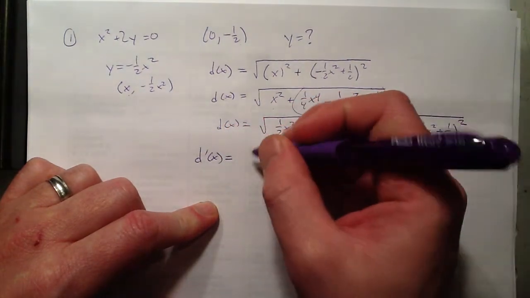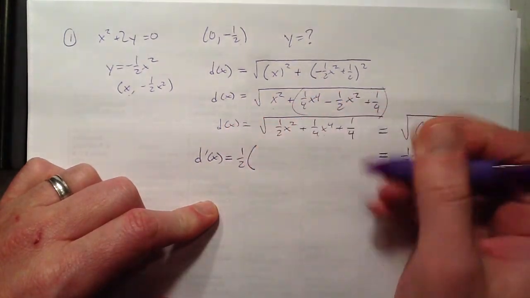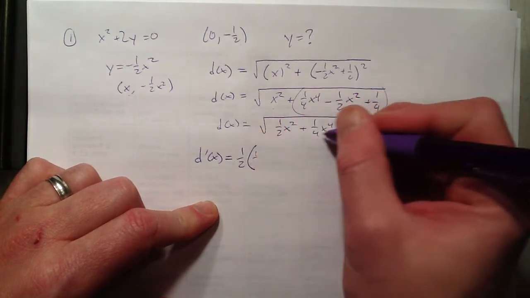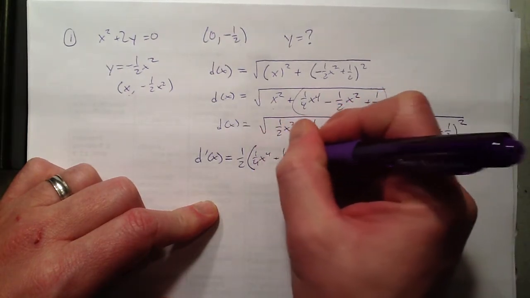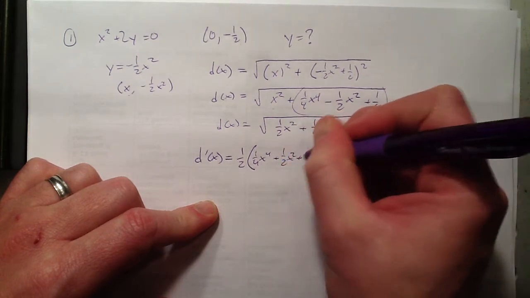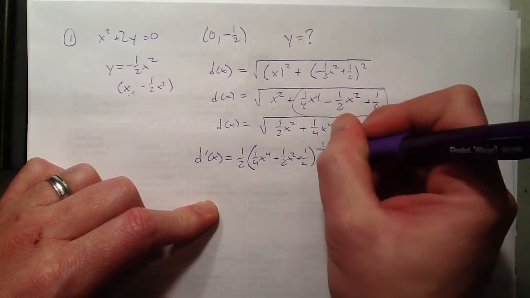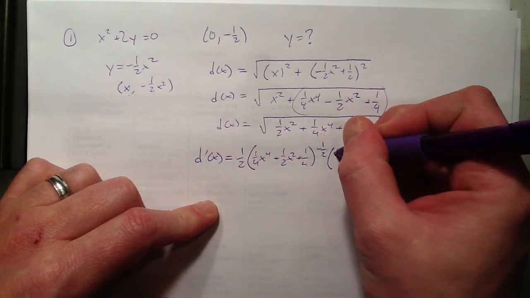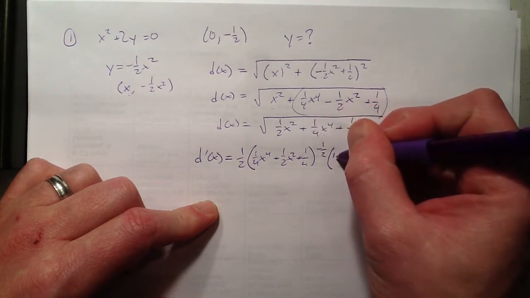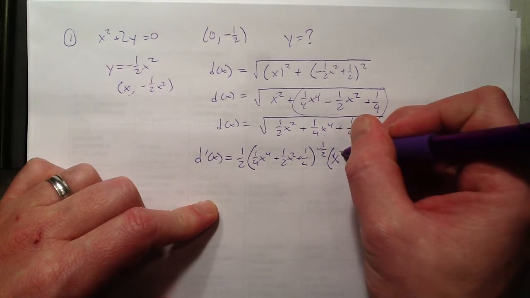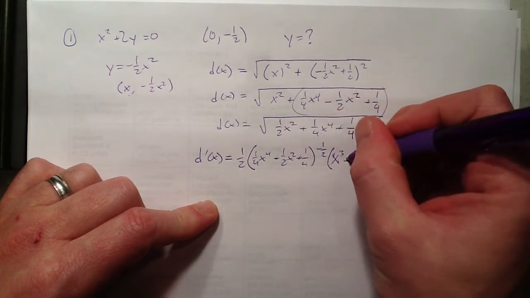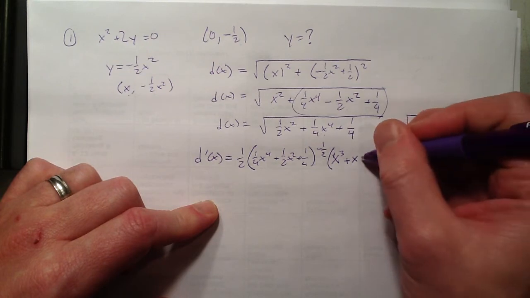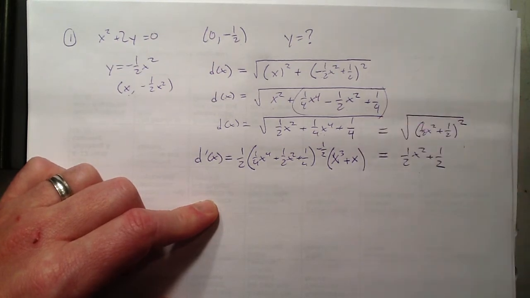So we have 1/2 times 1/4 x to the 4th plus 1/2 x squared plus 1/4, to the -1/2, times the derivative of what's inside, which is 4 times 1/4 is 1, x cubed plus x, right? That's that times the derivative of what's inside.